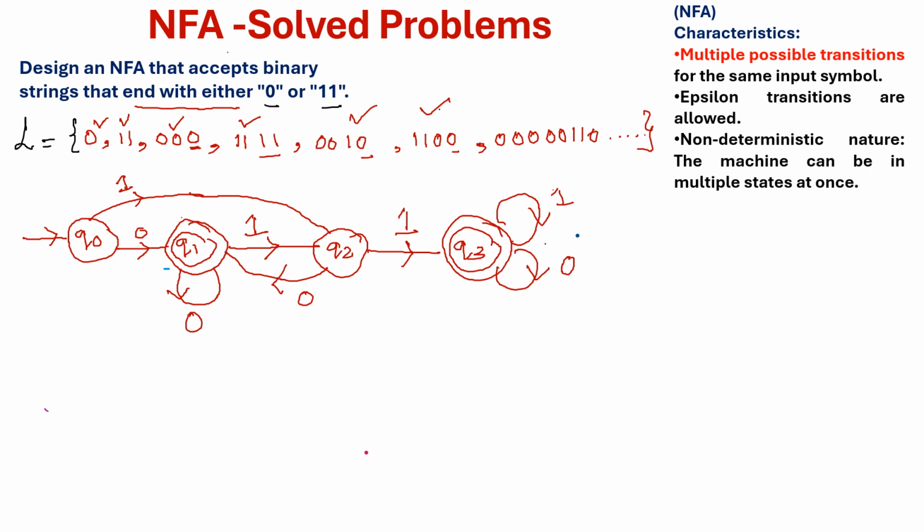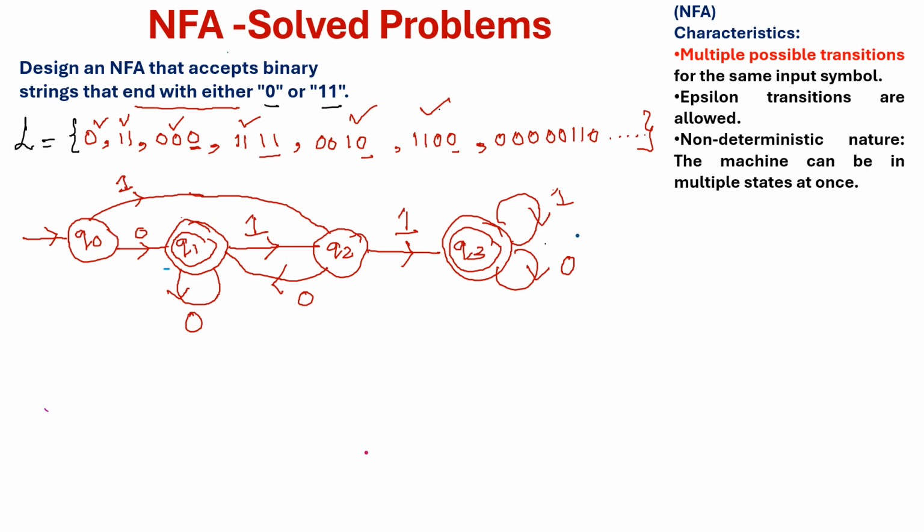while creating the design, we can ensure it will support all kinds of strings derived by the machine, derived by the given constraints. So this is a way of designing the NFA.